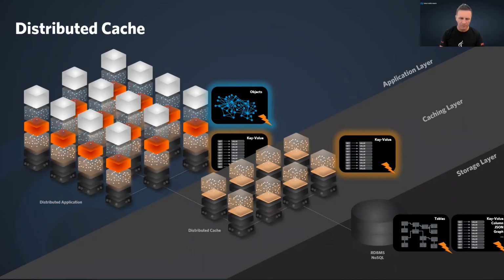We have a key value data structure here, and examples for that are Redis, or you can also use Oracle Coherence as a distributed cache, or Hazelcast. So there are various vendors and solutions on the market, and they are really bulletproof.